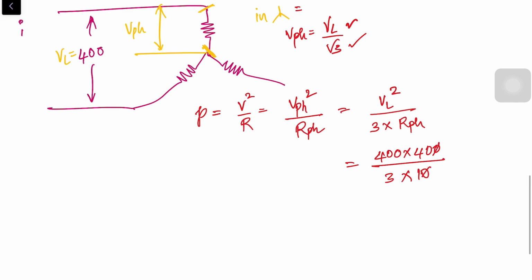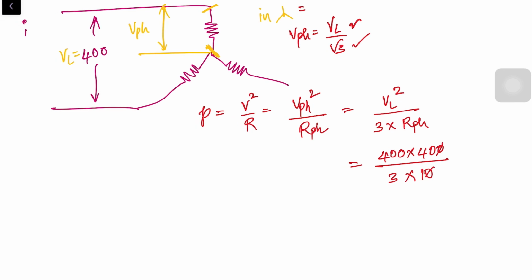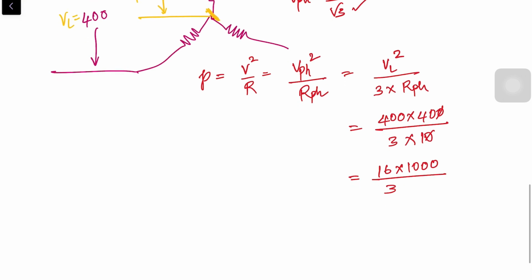So 10 and 10 cancel out, okay, and you take 400 into 40. So what I will do is 400 into 40 means 4 into 4, 16 into 1000. I can write it like this also, divided by 3. So 16 divided by 3, 3 fives are 15, isn't it?